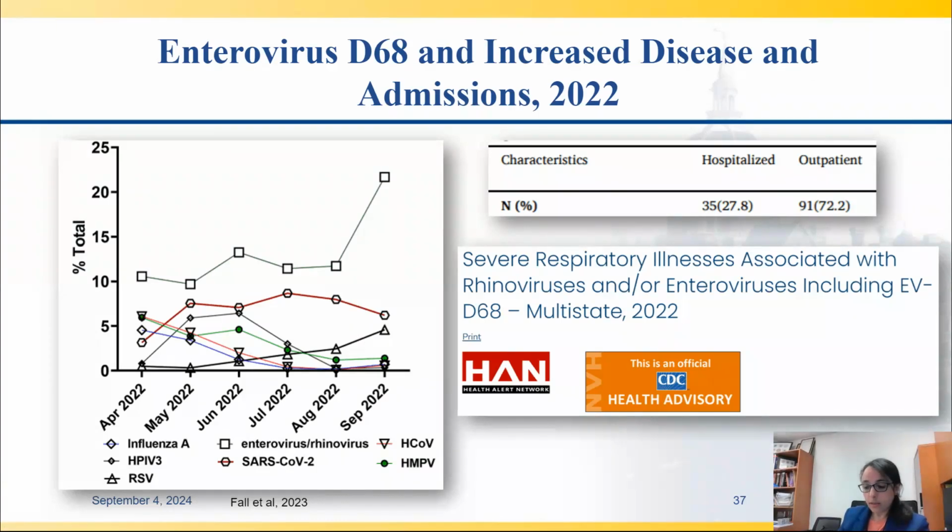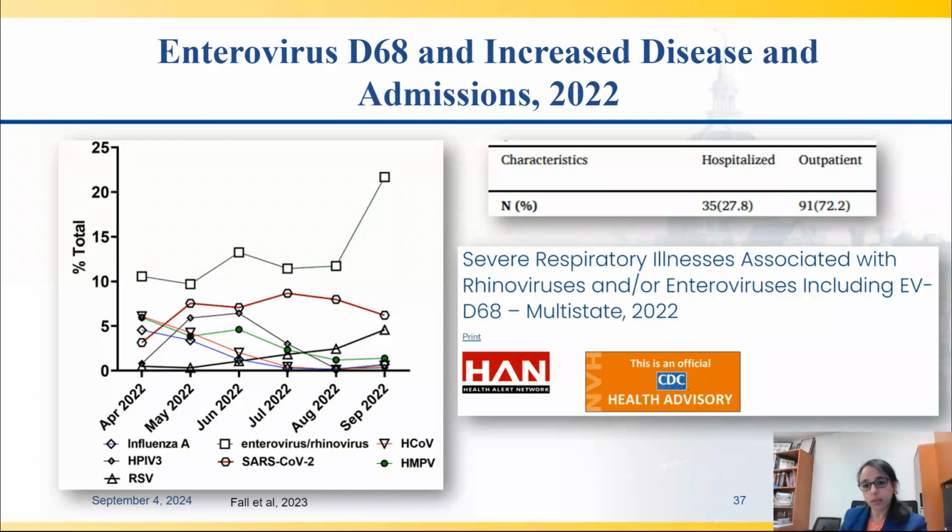This indicated that enterovirus, although it is very infrequently tested for and diagnosed, is clinically a significant pathogen. This is similar to data that we also published prior to this past influenza season, where enterovirus in our system was shown to cause outbreaks in 2022 as an example. We had outbreaks of severe disease associated specifically with enterovirus D68.